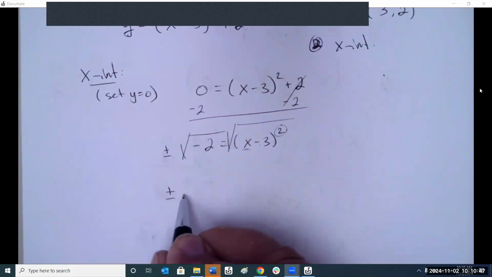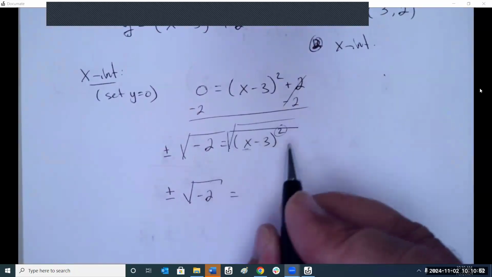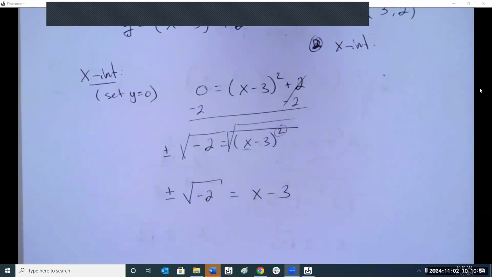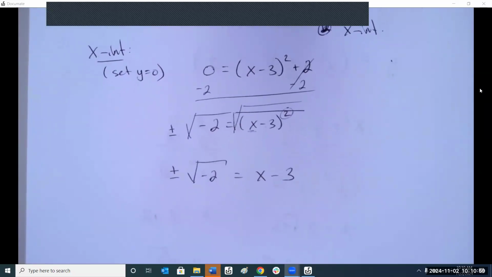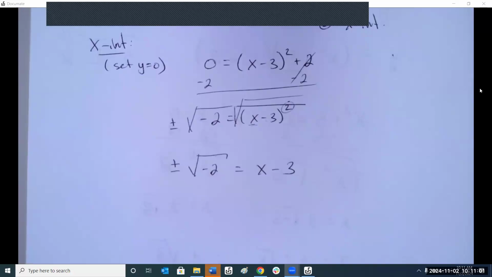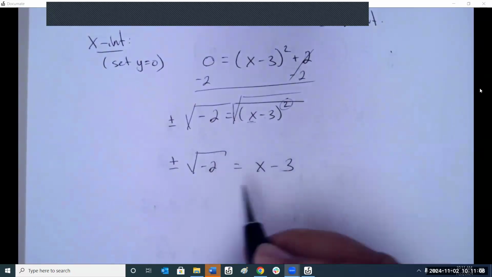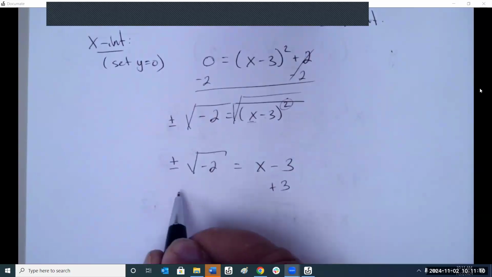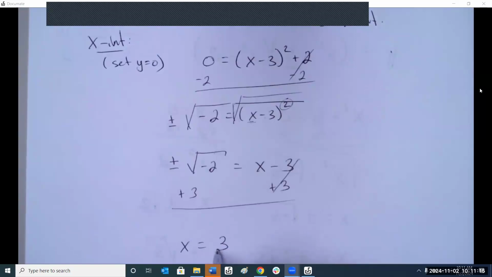Plus or minus square root of -2 equals x minus 3. Add 3 to both sides. So x is equal to 3 plus or minus square root of -2.